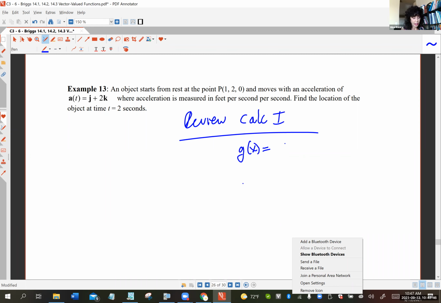I'll just make something up, x squared plus 1. And they told you that was acceleration, and then they wanted you to integrate 2 more times to get the position. If they gave you an acceleration and didn't talk about vectors, but just a function, then your velocity would be the integral of acceleration.